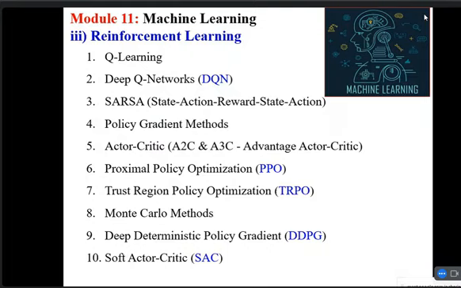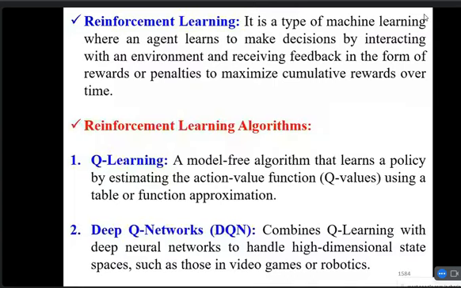Proximal policy optimization, that is PPO. Trust region policy optimization, that is TRPO. Then Monte Carlo methods. Deep deterministic policy gradient, that is DDPG. Then soft actor-critic, that is SAC. These are the top 10 algorithms of reinforcement learning.